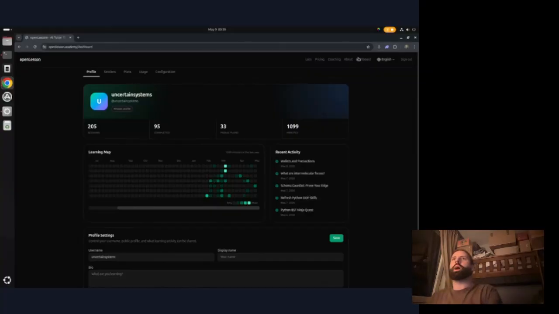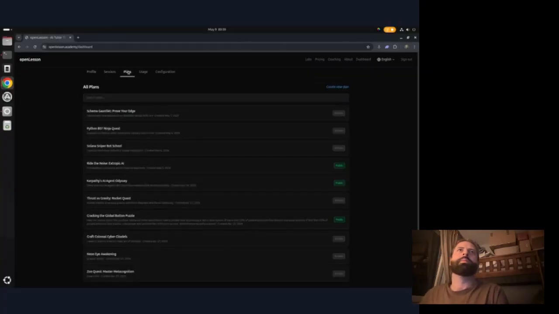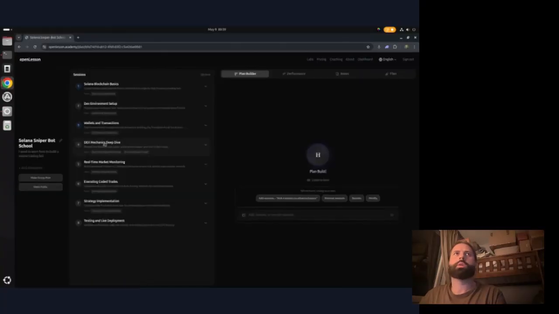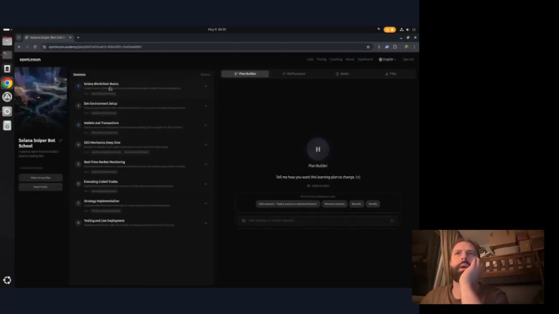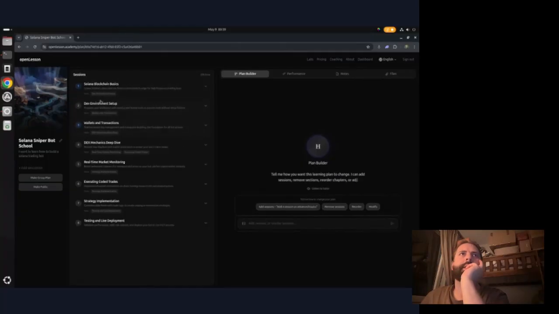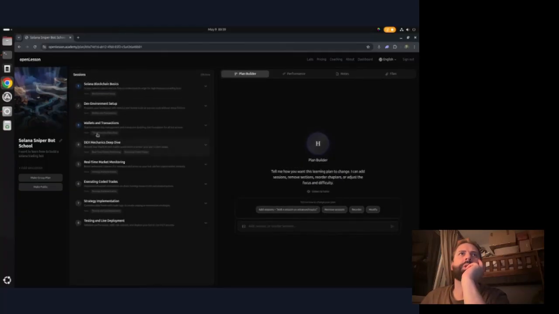We're continuing with our Solana session. So now we did blockchain basics. We did wallets and transactions the other day, which I don't think we've finished all of, but I'm kind of hopping a bit here and there.